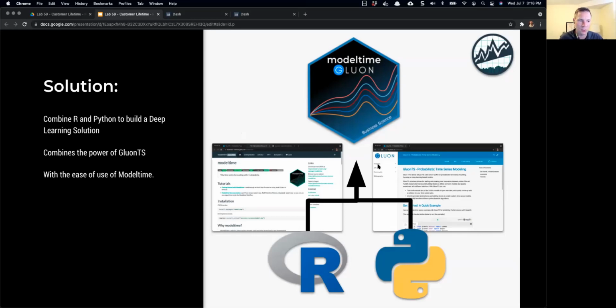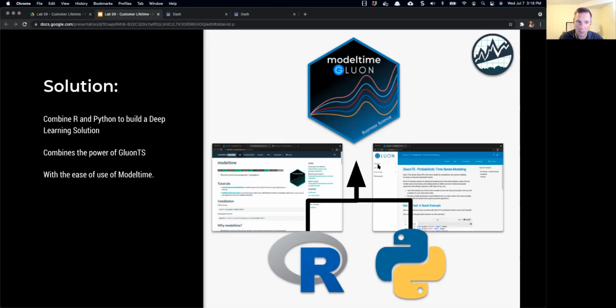So I started doing a lot of research. And in fact, there were a lot of other people that were having the same type of issues. And fortunately, there was a solution that came out recently in R called Reticulate that allows us to bring Python into R. And then I started doing even more research. And there's also a similar type of solution in Python that allows Python to bring R over.